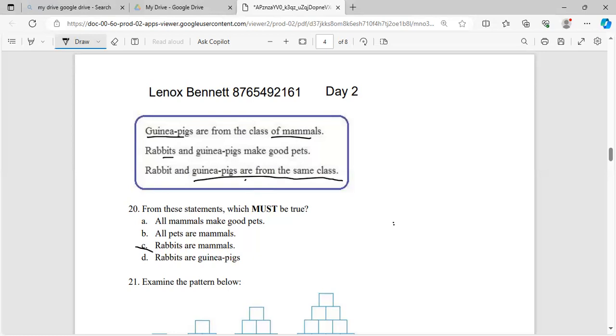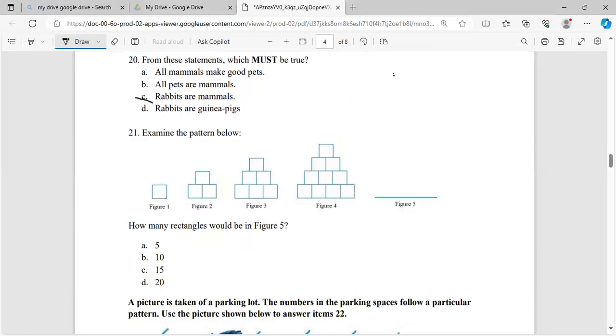Alright, this one, guys, I want you to draw this one, if you can. It doesn't have to be neat. Draw this one on WhatsApp here, even if it's not neat.